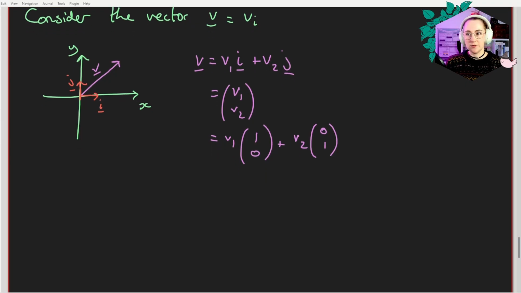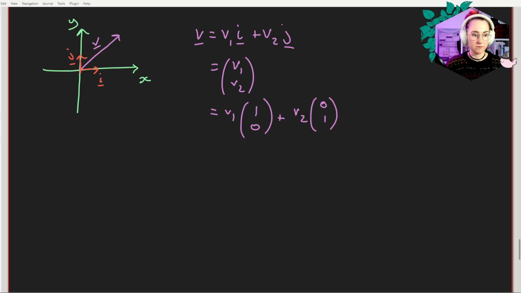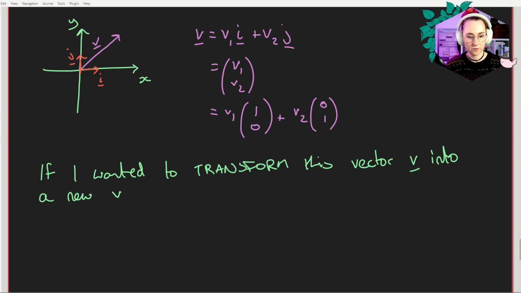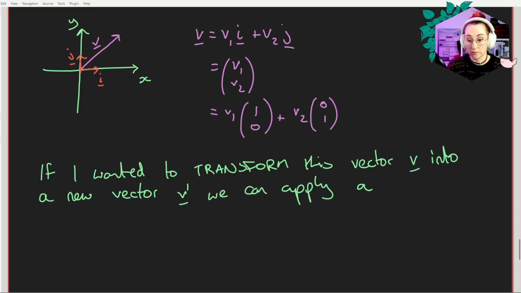If I wanted to map this vector v to a new vector, call it v prime, we can apply a transform.